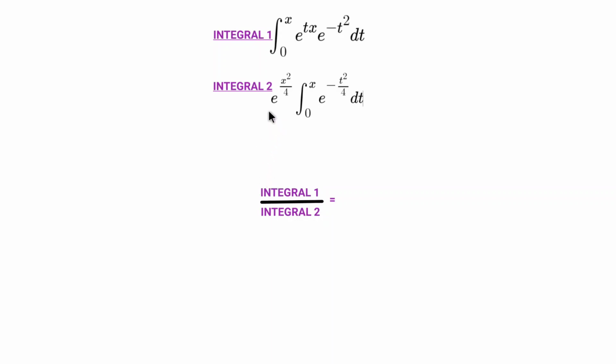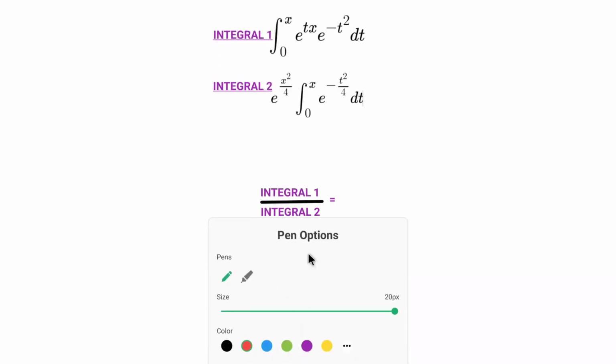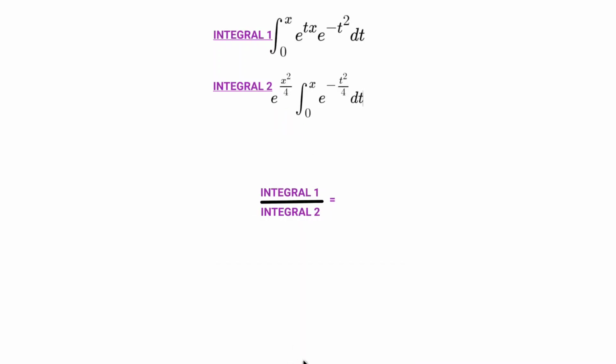So what we need to do is, if I look at it, I find an extra term, that is e power x square by 4 in the second integral. So I feel there must be something that must be modified in integral 1 to get it in the form of integral 2. That's the reason I will start my first step from integral 1 itself.